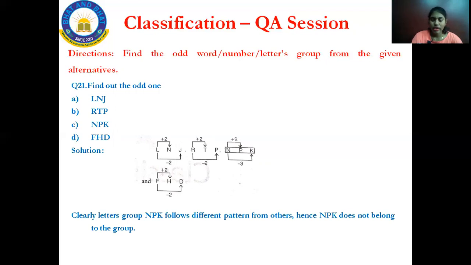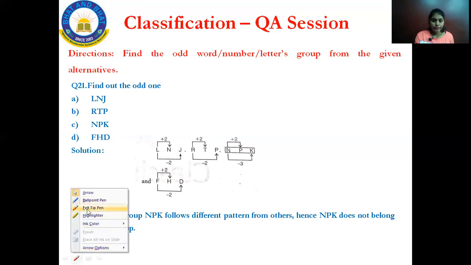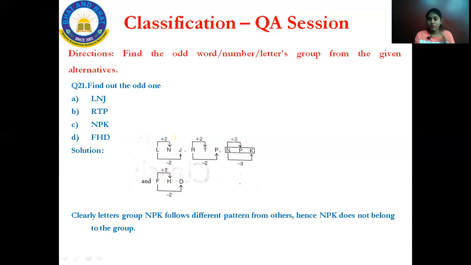L, N. What is the difference between L and N? Two numbers different, that is plus 2. And then L, J, it is minus 2. At the top it is plus 2, at the bottom it is minus 2.